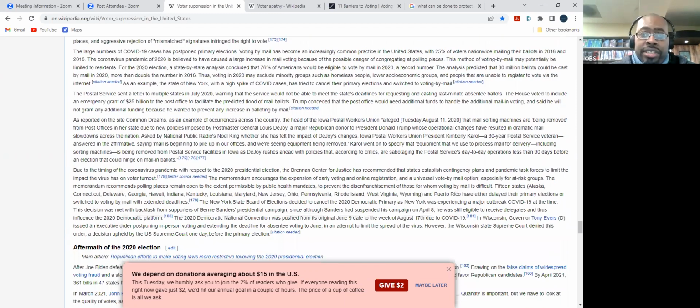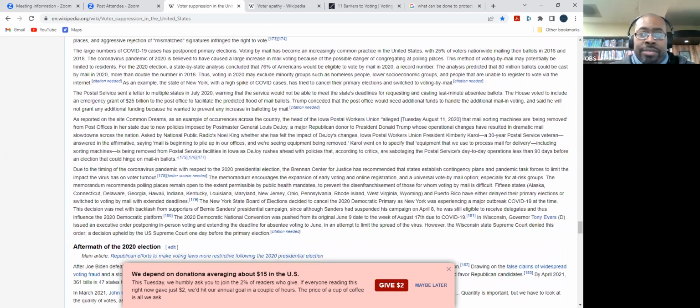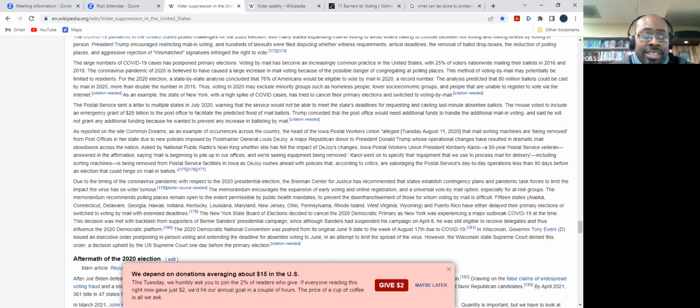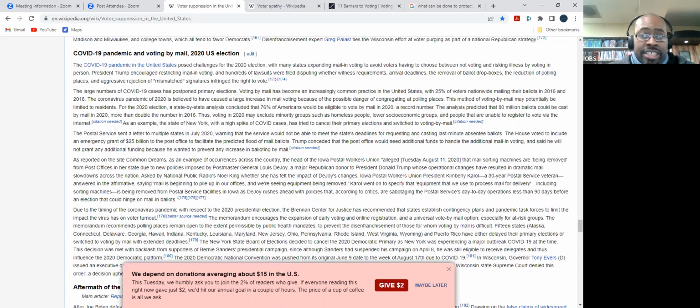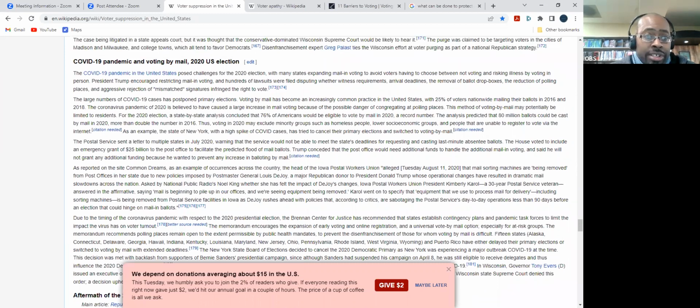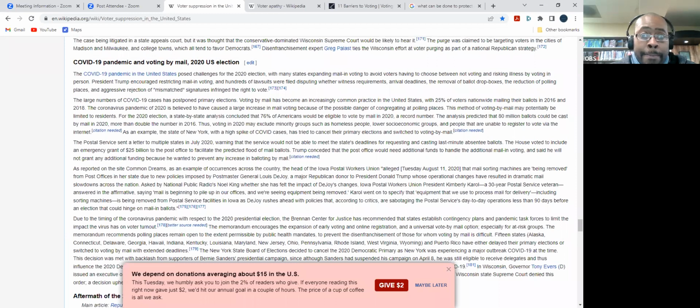And this is how we came to the discussion that a lot of people believe that the election was stolen. There have been fraudulent ballots, all kinds of stuff. Let's look at that.